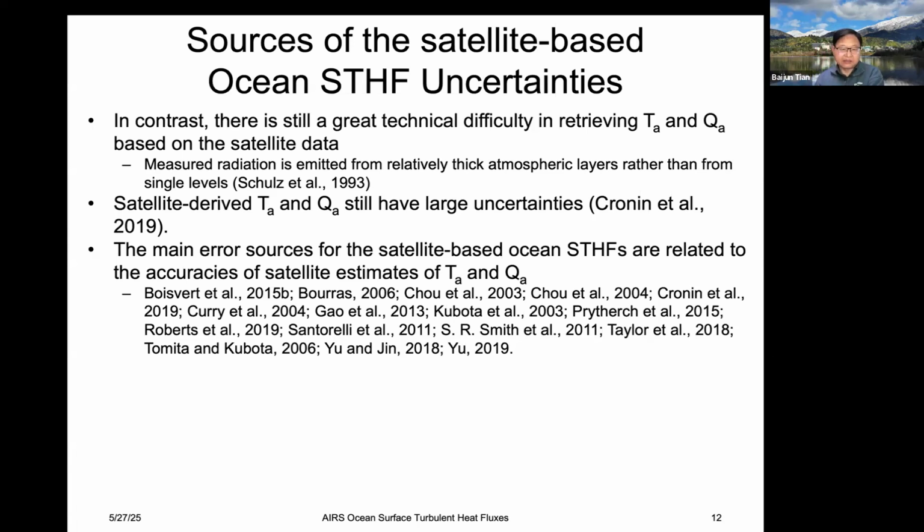As a result, satellite-derived Ta and Qa have lots of uncertainties, and the major source of error in satellite-based ocean surface turbulent flux is mainly the inaccuracy of the satellite estimates of Ta and Qa. This has been demonstrated by many studies. I just list some references here.